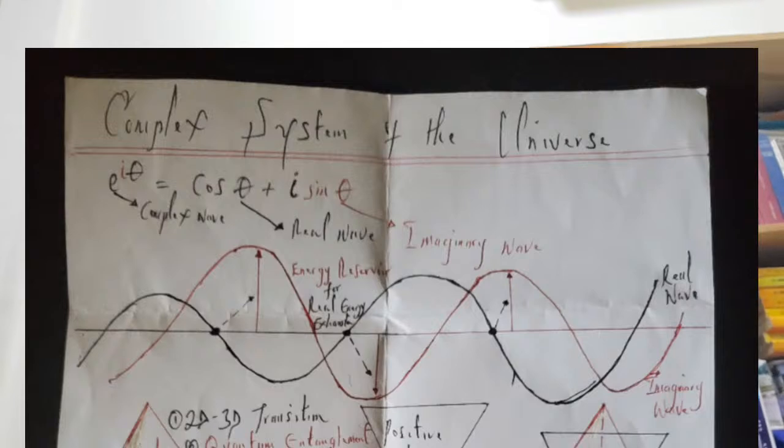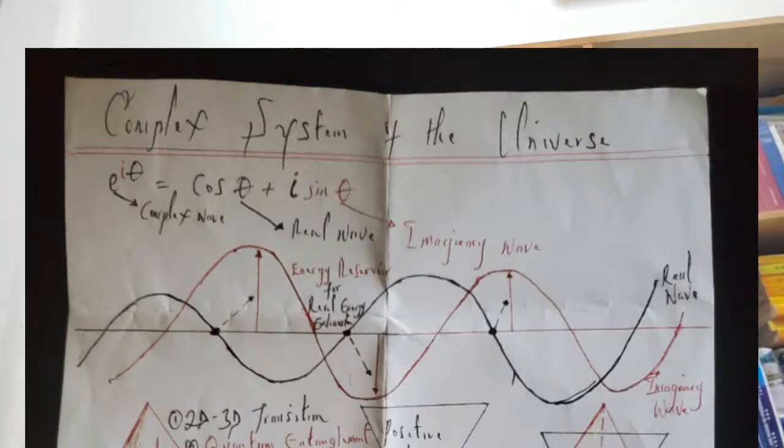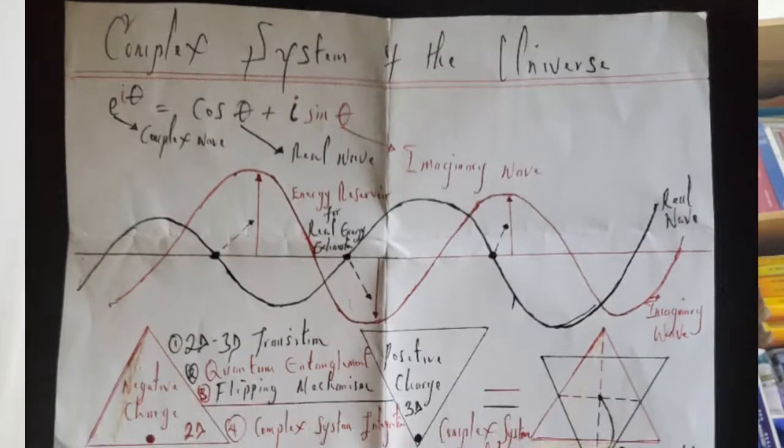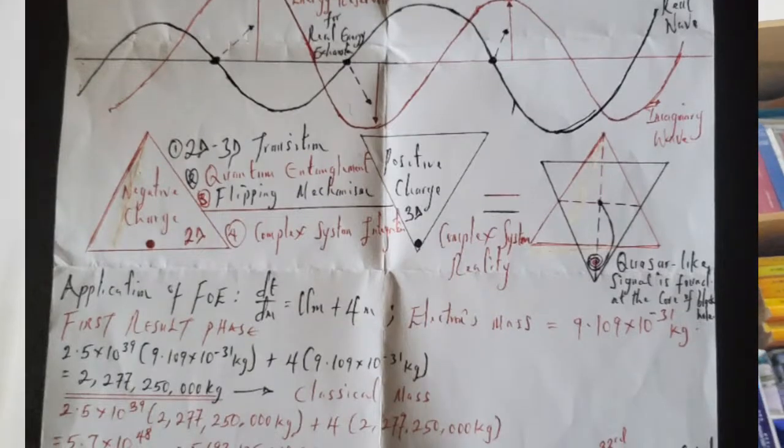So now, I must say, by God's grace, I thank God for the inspiration to have developed this particular formula of everything. And with that formula, we can actually get the reality of the universe.